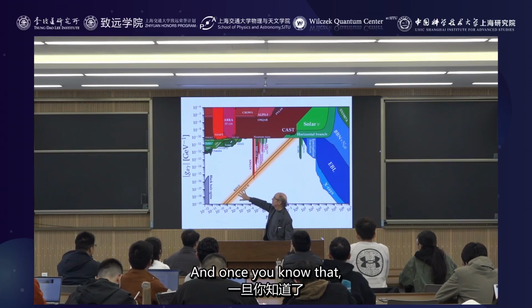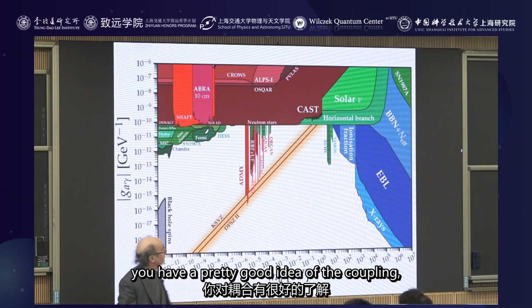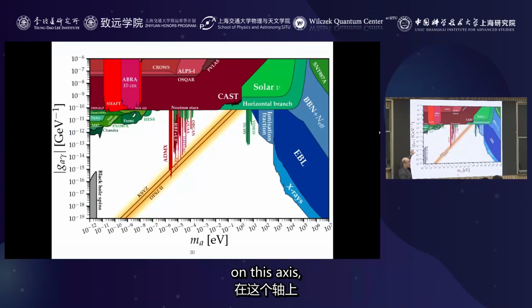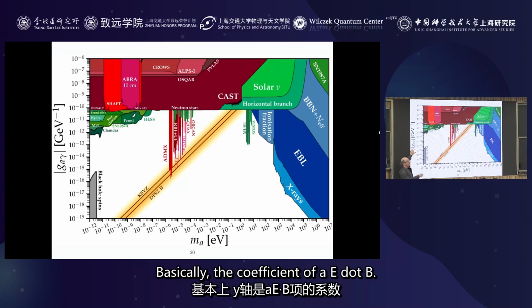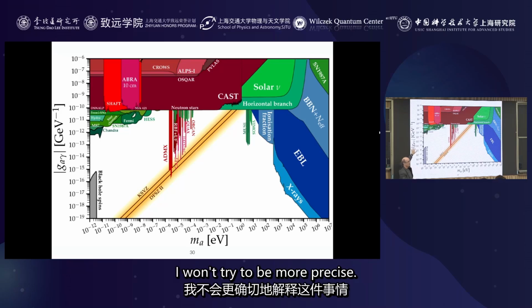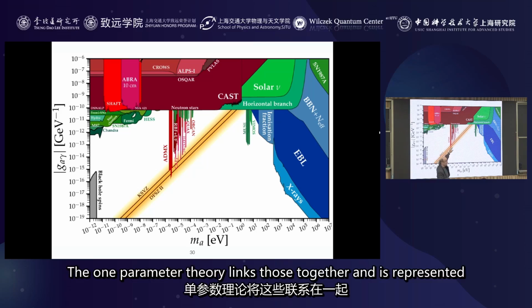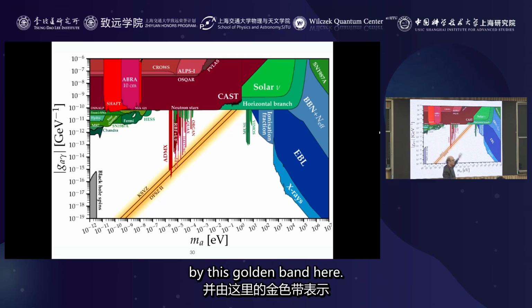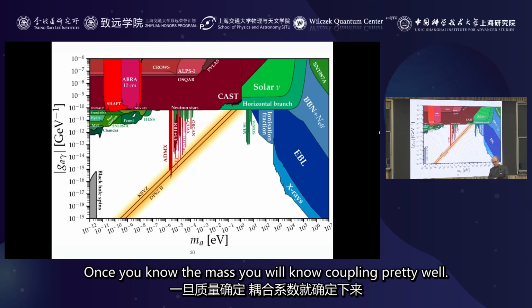But once you know that, you have a pretty good idea of the couplings. And so on this axis, you have the axion to two photon coupling, so basically the coefficient of A E dot B. I won't try to be more precise, but the one parameter theory links those together and is represented by this golden band here. So once you know the mass, you know the coupling pretty well.